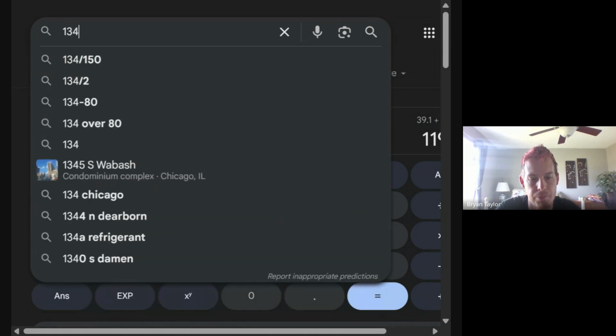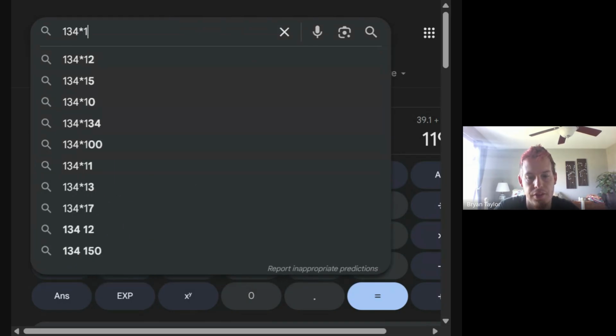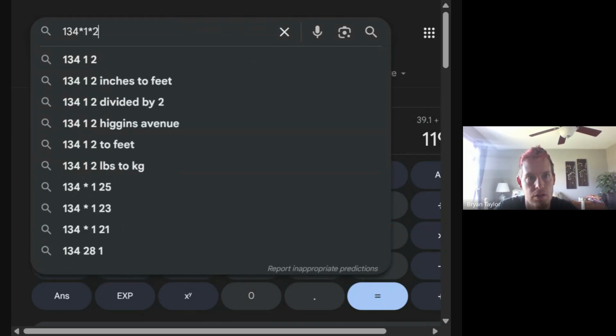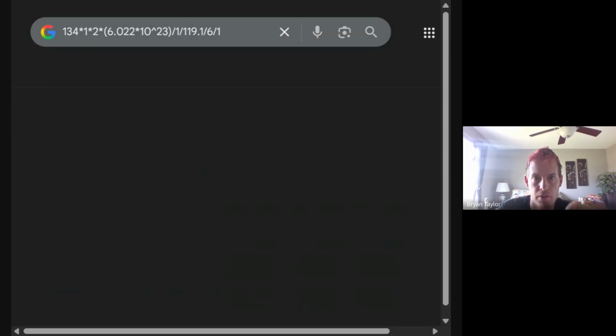So 134 times 1 times 2 times 6.022 times 10 to the 23rd divided by 1, because now I'm at the bottom, divided by 119.1 divided by 6 divided by 1.